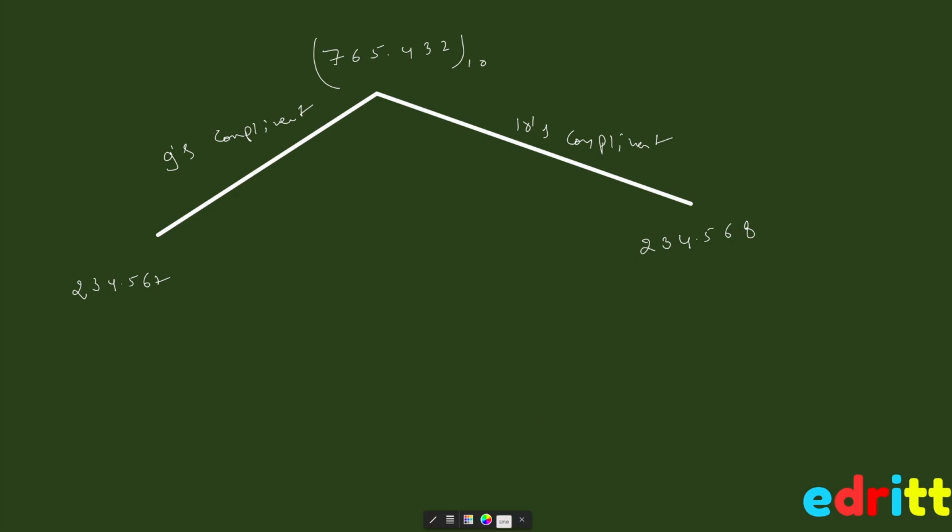I see that relation, and it is basically this: the 10's complement is nothing but the 9's complement plus 1, and the 9's complement is nothing but the 10's complement minus 1. Isn't this the relation between them?